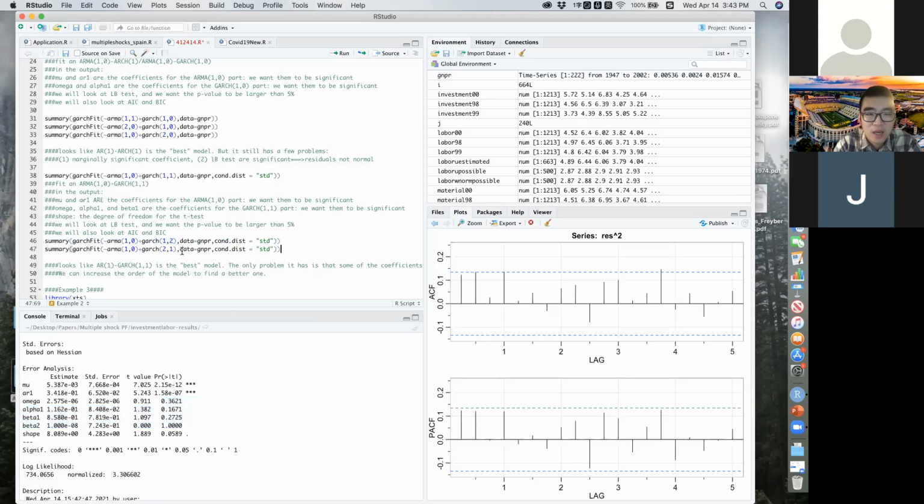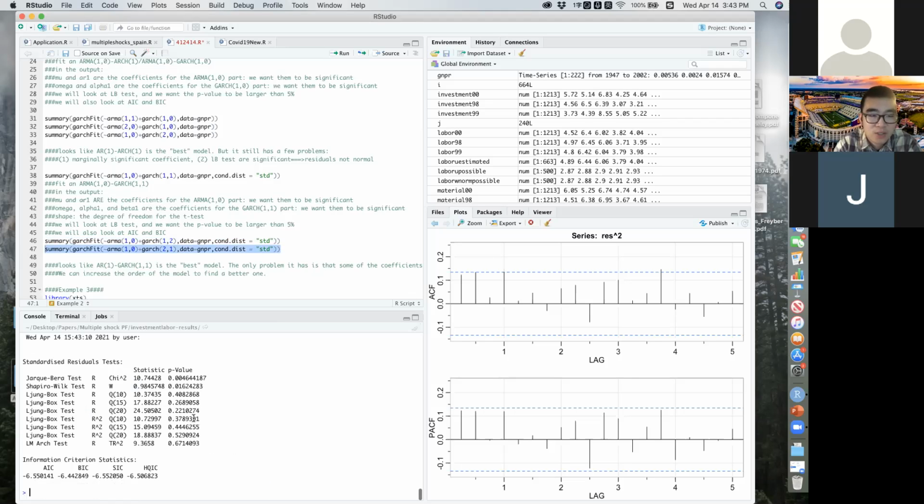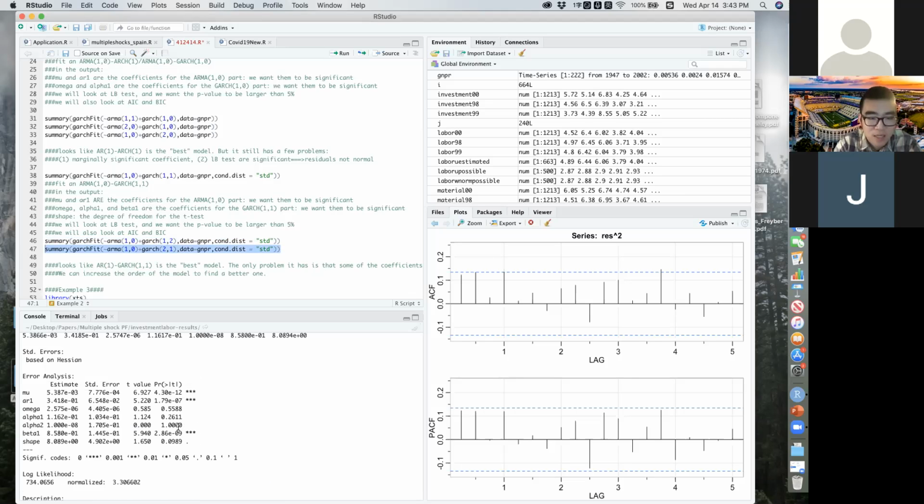I also tried this GARCH(2,1) model, and I have the same problem. It seems there's not much improvement. The coefficients are still insignificant.